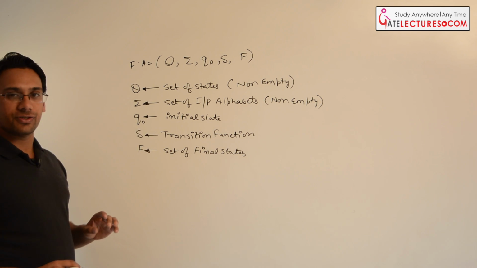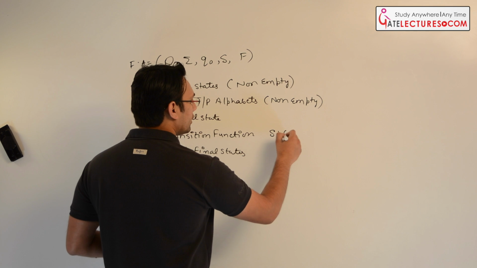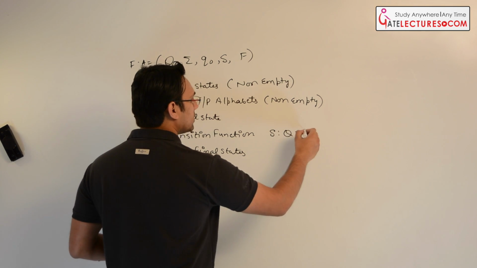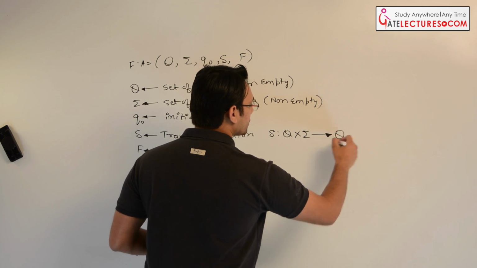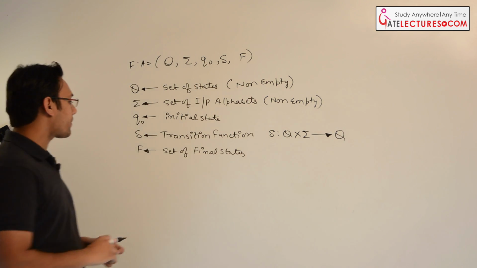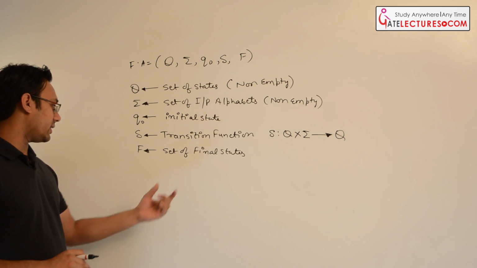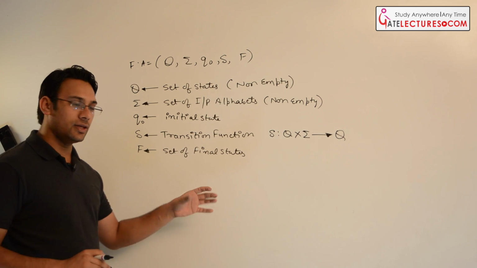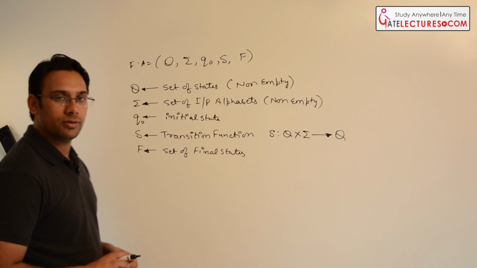Delta is a transition function, defined as Q cross Sigma going to Q. Now we'll see what this is. And F is the set of final states, and this can be an empty set. So what do I mean to say from this?